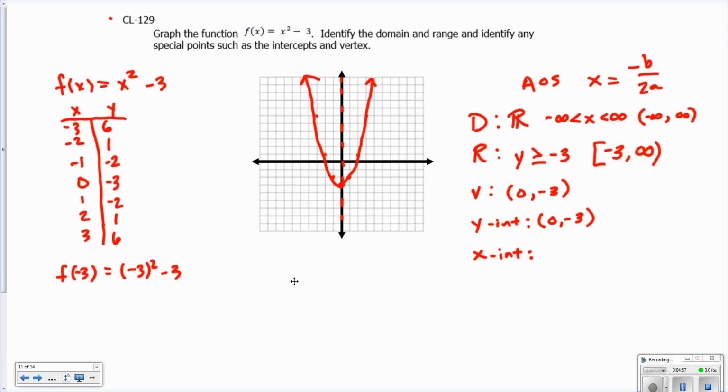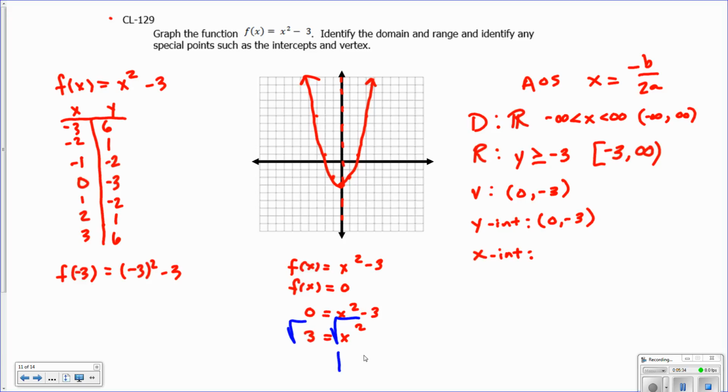So if we know that we want our f of x to equal 0, and right now, f of x equals x squared minus 3, we're going to substitute this 0 in for f of x. So we have 0 equals x squared minus 3. We add 3 to each side. 3 equals x squared. Then we take the square root of each side.